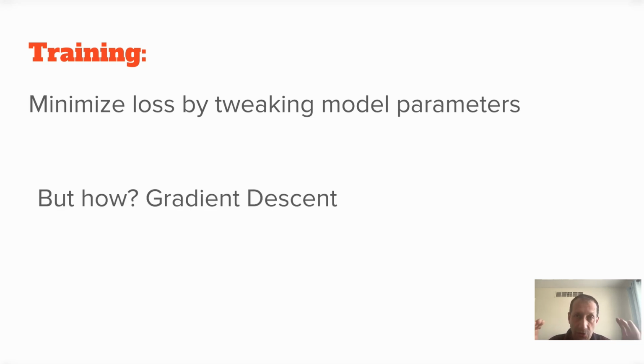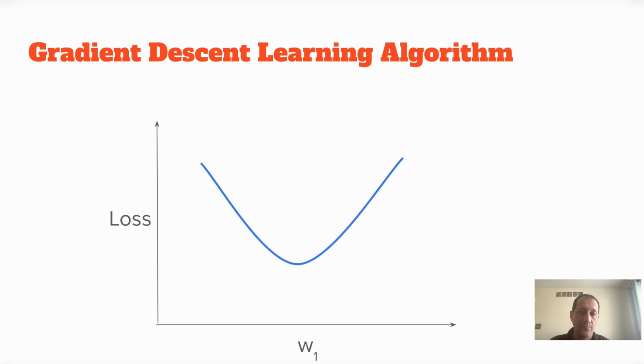Now we know what training is, but how does it work? How does it know how to turn these knobs, or in what direction to turn them to minimize loss? I guess there are different ways, but the primary way that deep learning and the majority of machine learning algorithms are set up is by gradient descent. And I'm going to talk about that next.